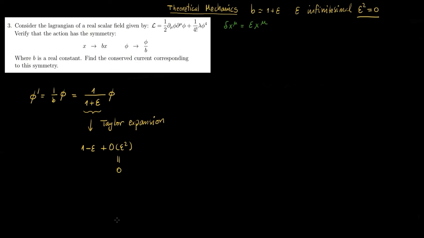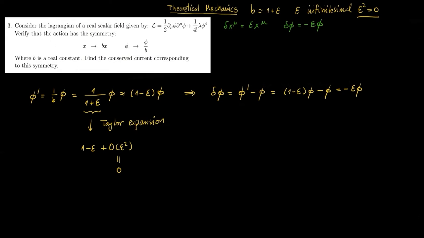This is a simplified rule. So approximately this is 1 minus epsilon times phi. So the variation of the scalar field is phi prime minus phi by definition. If you substitute, you will obtain 1 minus epsilon phi minus phi equals minus epsilon phi.